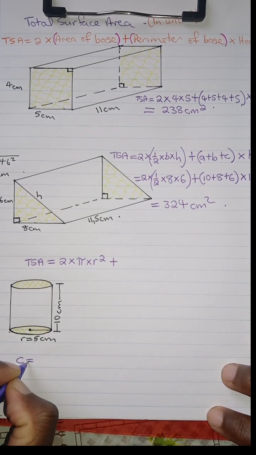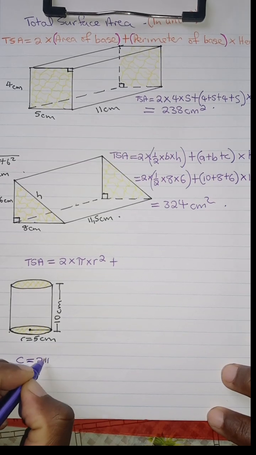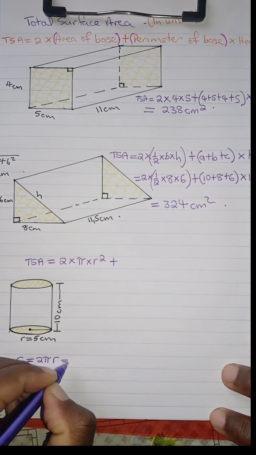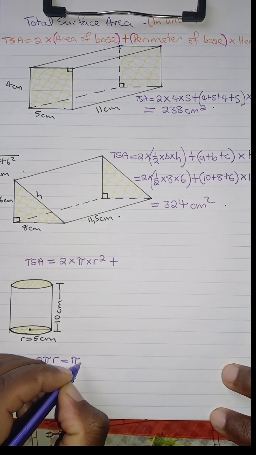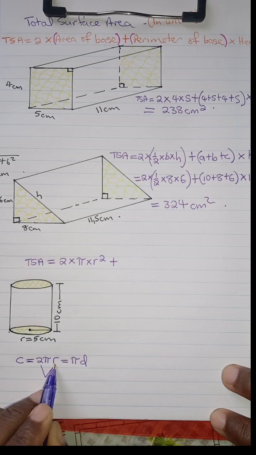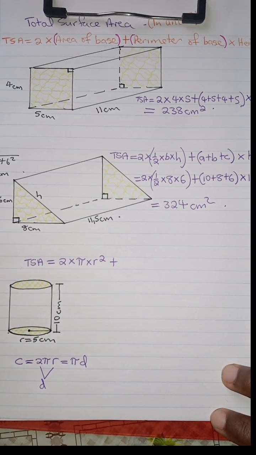It has a special name. Its circumference is equal to 2 times pi times radius, which is the same as pi times the diameter. Remember, 2 multiplied by radius gives you the diameter. So it depends on what you are given.